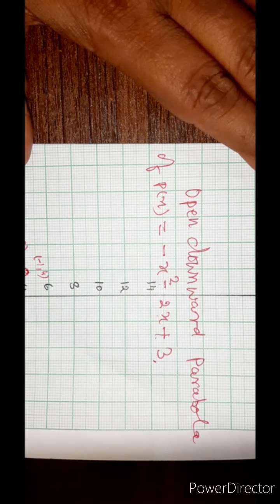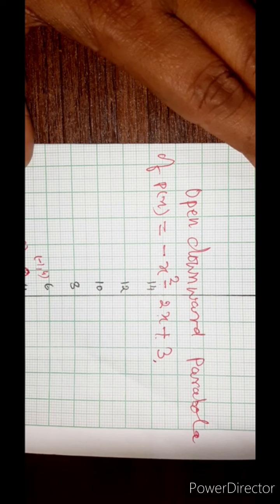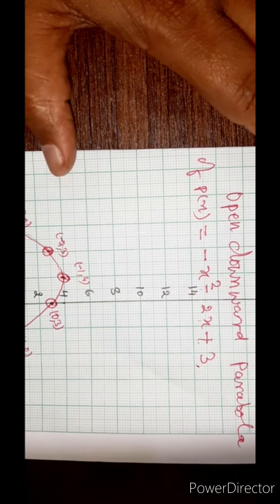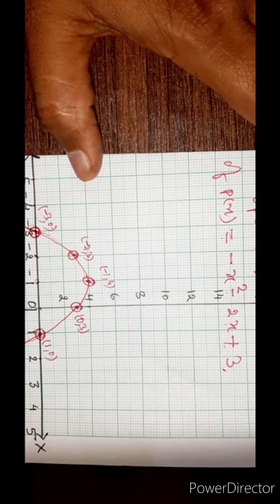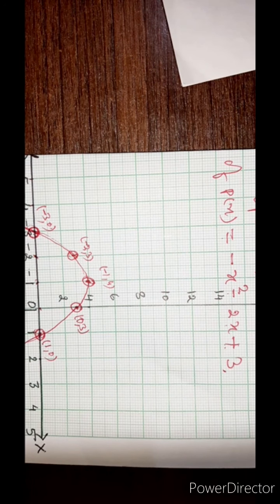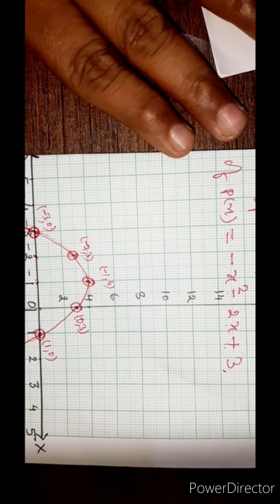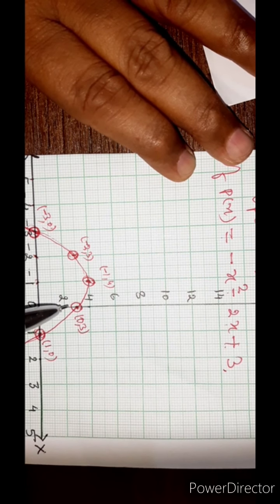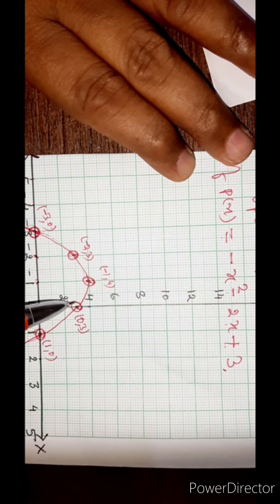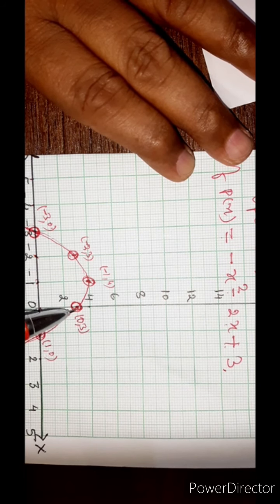So let us see how you can plot the points given in your table. First point is here 0, 3. So here will be the first point 0, 3.